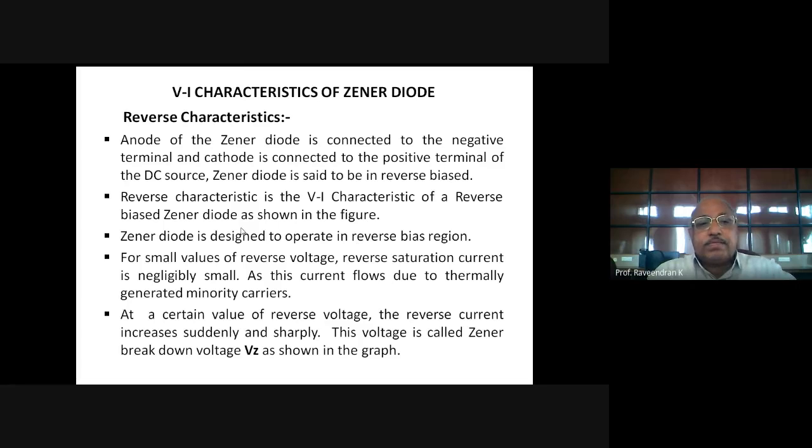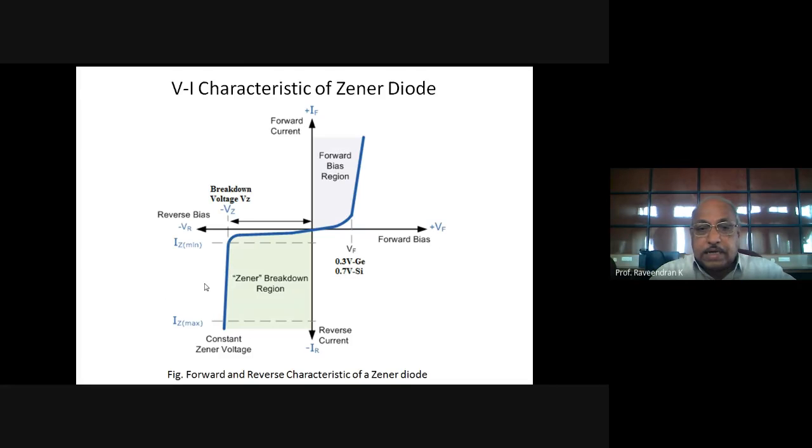So that is why the Zener diode is designed to operate in reverse bias condition. For small values of reverse voltage, the reverse saturation current is negligibly small. We have seen here, this is the voltage axis and this is the current axis. For smaller values of voltage, of course, the reverse current is very small.